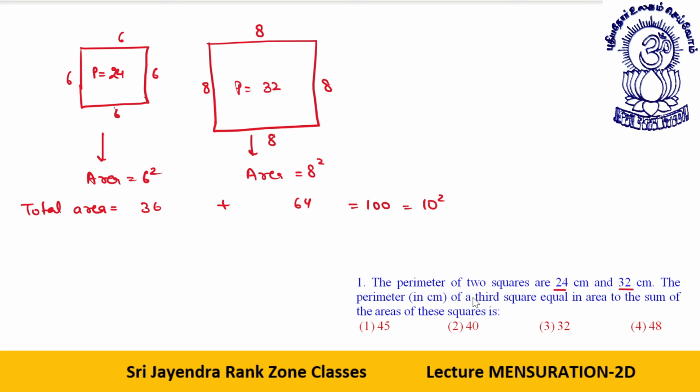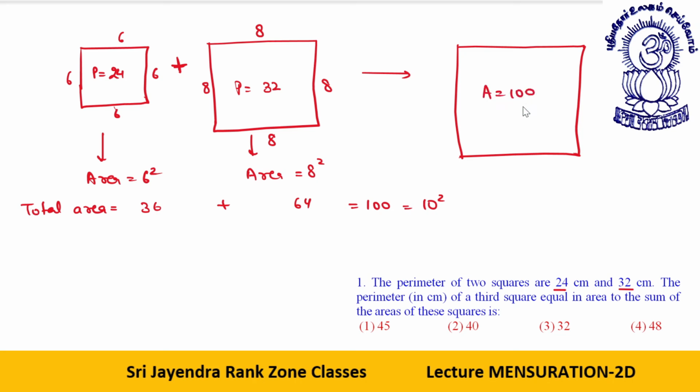Now, if I combine these two, I get a new square which has area equal to 100, or 10 square. So each side is 10 now. So what will the perimeter be? Perimeter will be 4 into 10, that is 40. Yes, everything is visible. Okay. Clear to all?